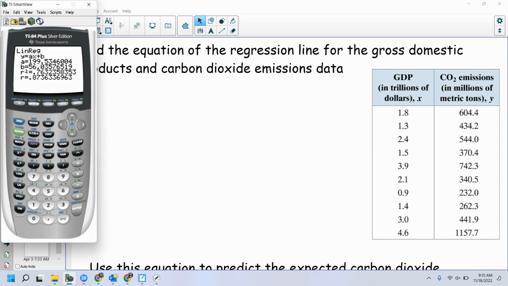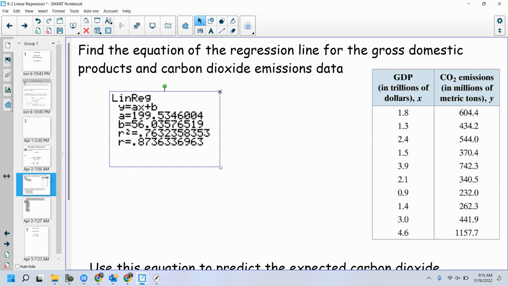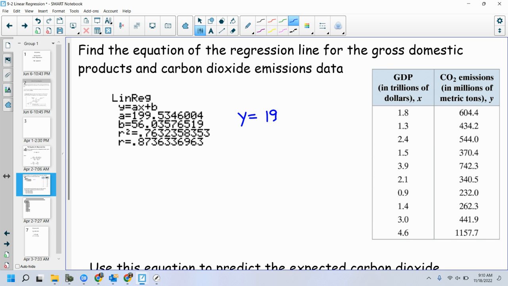Okay, AX plus B. So here is our linear regression, right? So we see that it is y is equal to 199.53x plus 56.04.